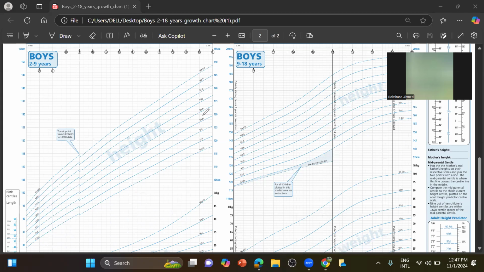Okay. Another question: do you know how we plot on a growth chart? There are two axes. This is the x-axis for age, and the y-axis we can use for height or weight. Suppose the child is aged 2 years, 3 years, 4 years.